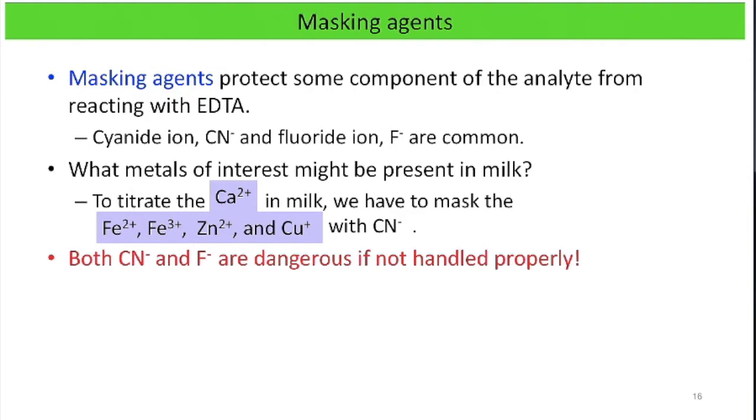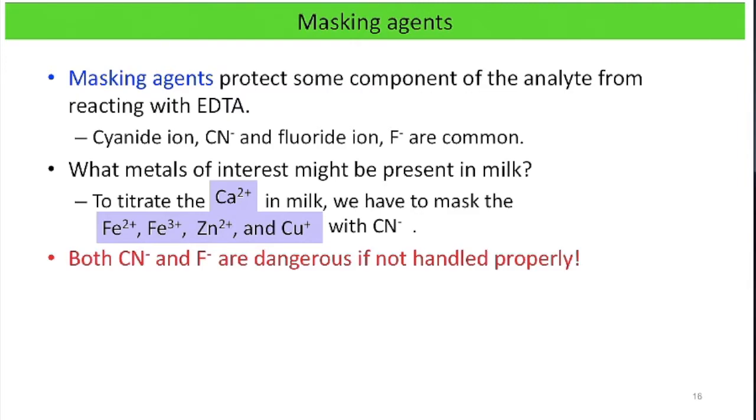One thing that may or may not be becoming clear right now is that EDTA just reacts with whatever metals are in the solution. So it's not very specific, it's not very selective. If we want to be selective for a specific metal, then we have to do some sample preparation to make sure that those particular metals that we're not interested in will not react with EDTA.